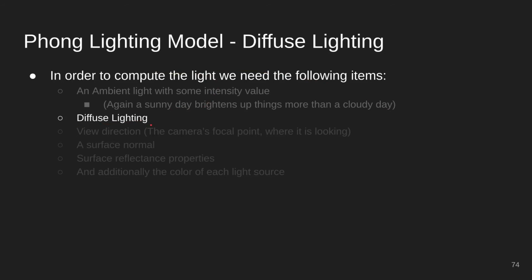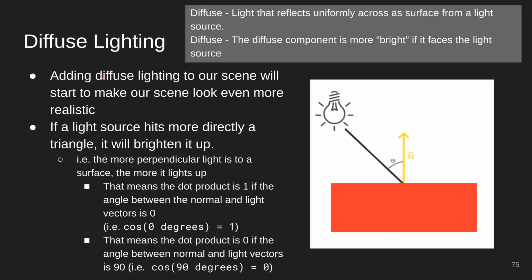Diffuse lighting here. Again, diffuse lighting is what's going to start making our scenes look more and more realistic, in that it's a cheap model where we just say, hey, light up this particular triangle uniformly, but not all triangles.